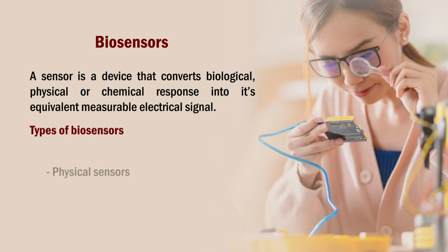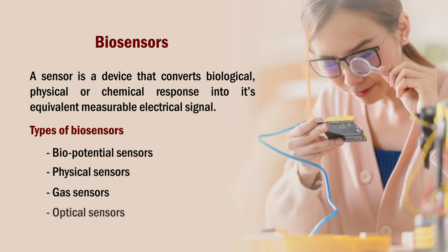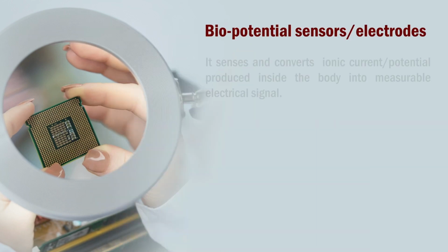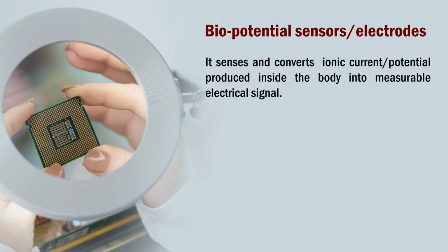Types of biosensors include biopotential sensors, physical sensors, gas sensors, optical sensors, bioanalytical sensors and others. Now, coming to the biopotential sensors, they sense and convert ionic current or potential produced inside the body into a measurable electrical signal.